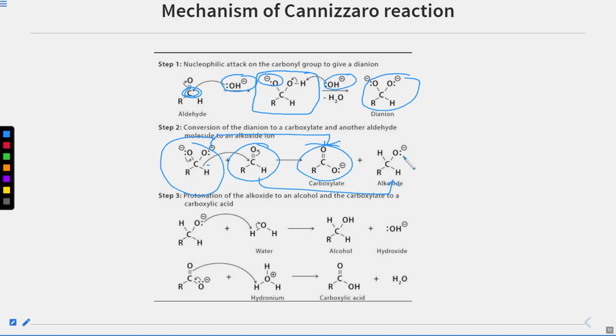Why am I saying alkoxide? This is basically a derivative of your alcohol in which we have removed one hydrogen. At last we have water in the solution that will protonate both of these groups, that is your carboxylate and your alkoxide. So that would result in your alcohol and carboxylic acid.